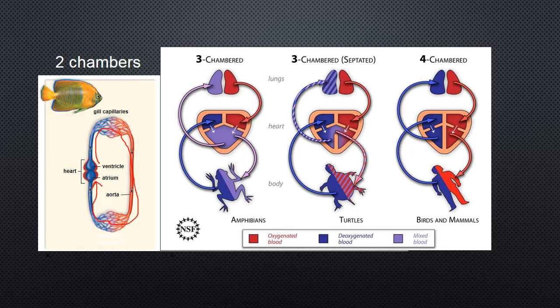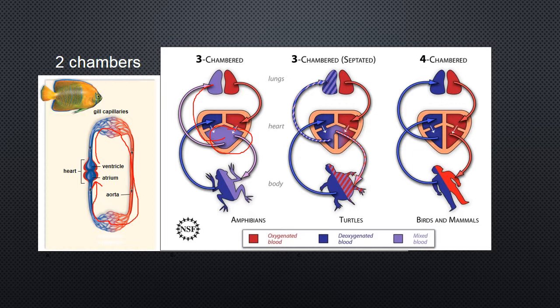The 3-chambered heart of the amphibian is a little bit different because that means that there's a mixing of the oxygenated blood and the deoxygenated blood. So 2 atria, 1 ventricle. The blood gets pumped out of the ventricle to the lungs and also to the skin. Remember, they have cutaneous respiration.